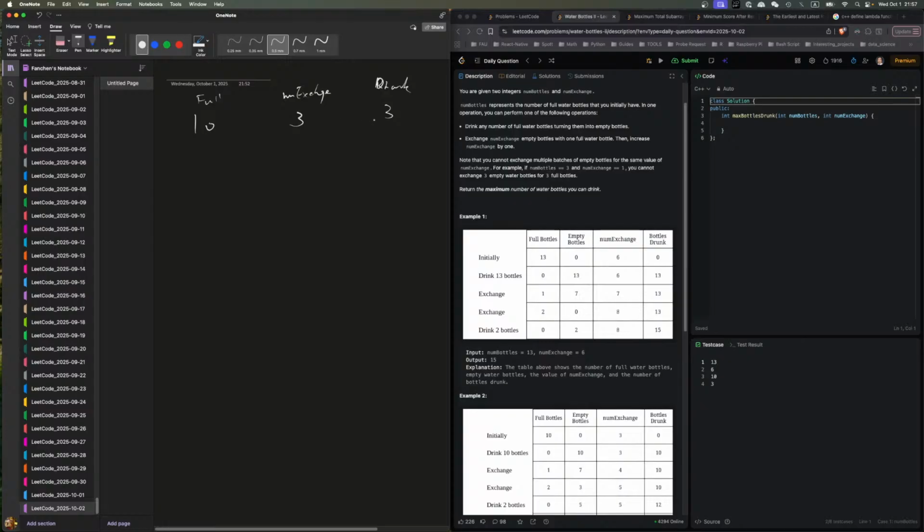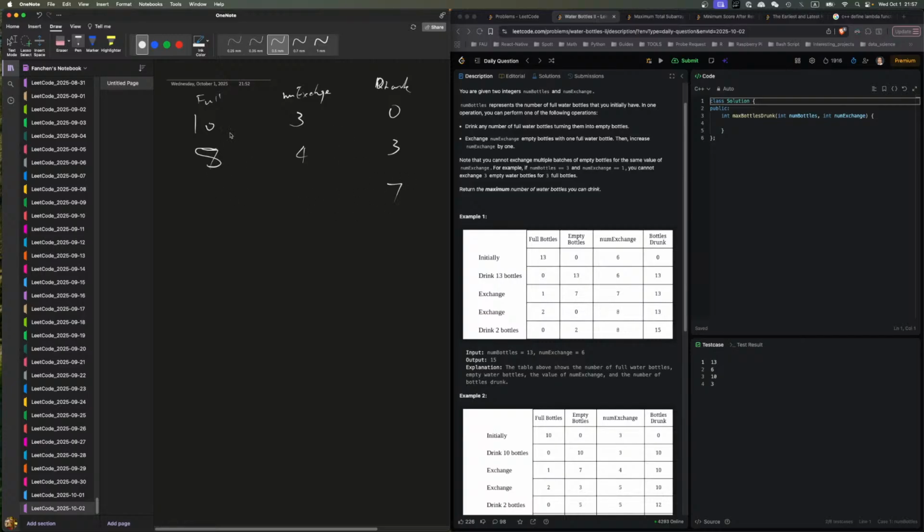Right, so we do that. And then, actually this is where we start. Okay, in one shot, I'll drink 3. And I have 1 water bottle, and I'll give it back, so that becomes 4. Then I'll drink 4.